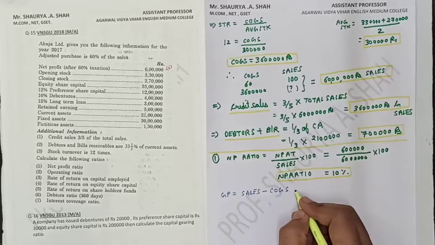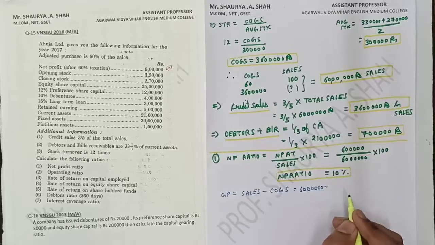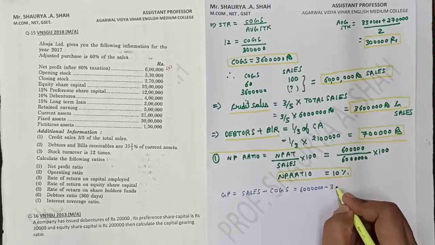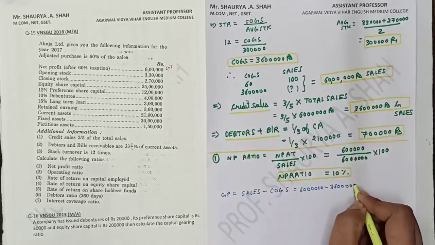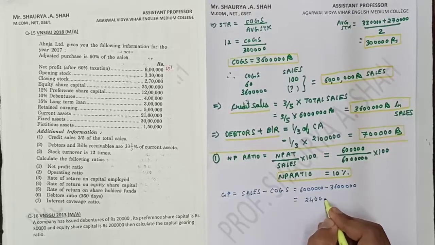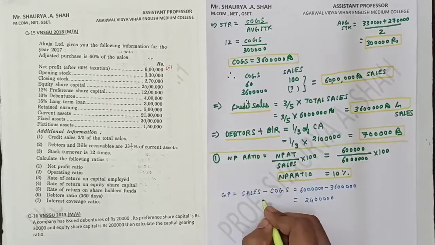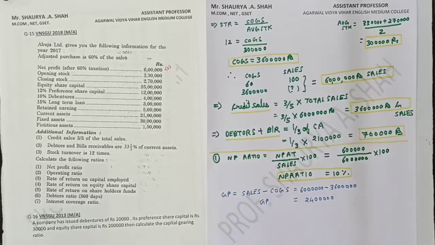So what is my sales? 60 lakh minus cost of goods sold 36 lakh. So I'll get the profit of 24 lakh rupees, right? Cost of goods sold is 36 lakh and my sales is 60 lakh. So my GP will be 24 lakh. I hope it is clear to each and every student, right?